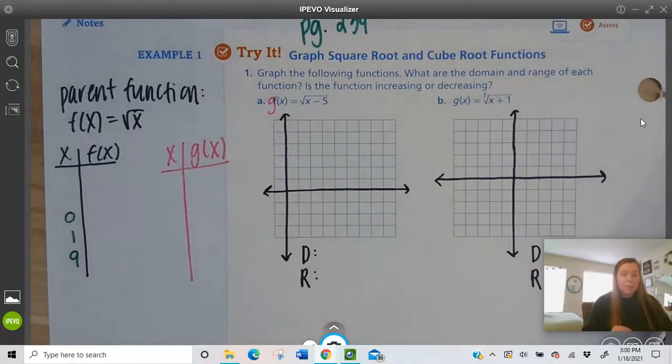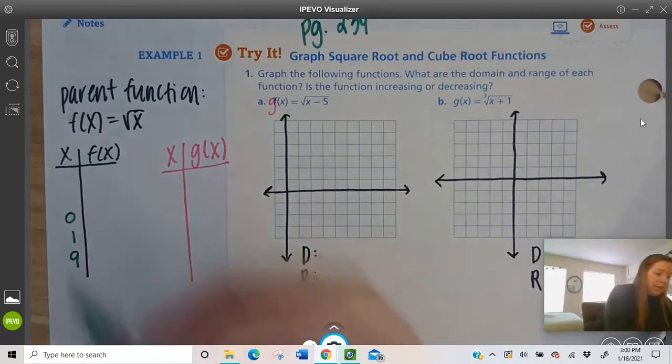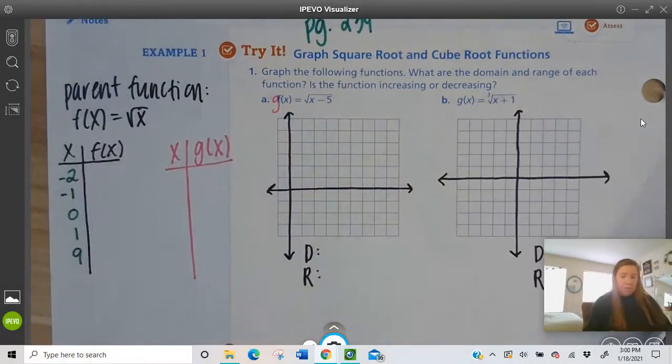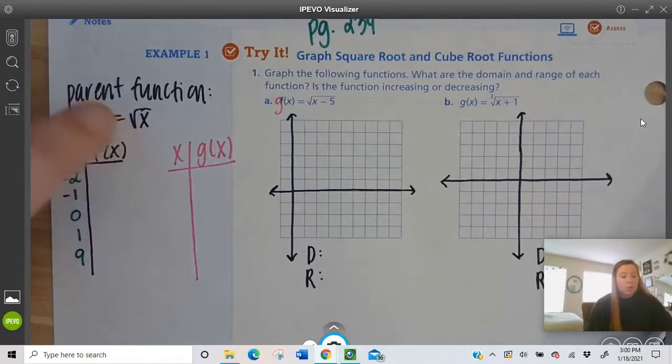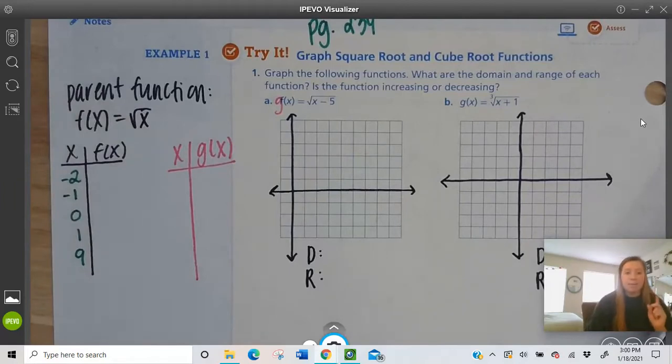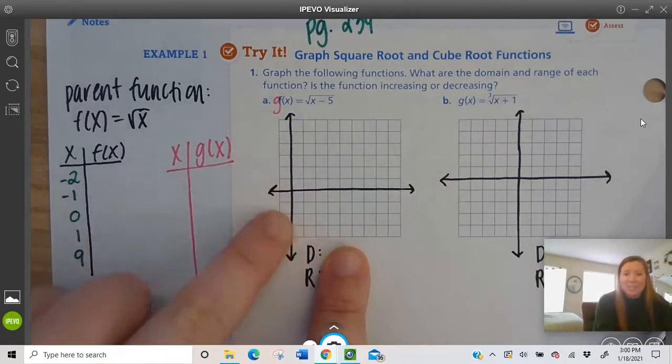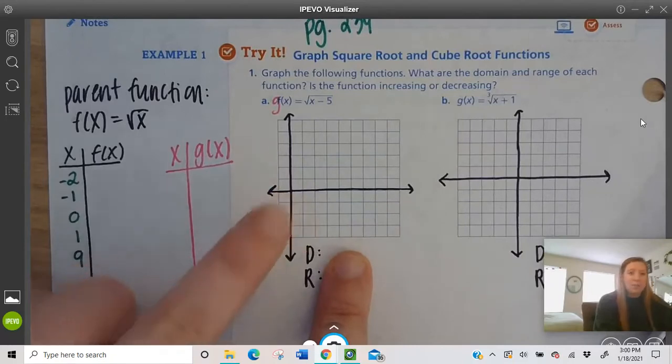But let's talk about another thing. Do I need to include any negative numbers here when I'm making my parent graph of just my square root function? We know that we're allowed to take the square root of negative numbers. However, their answers turn out to be imaginary, and we do not see imaginary points on our xy coordinate plane.